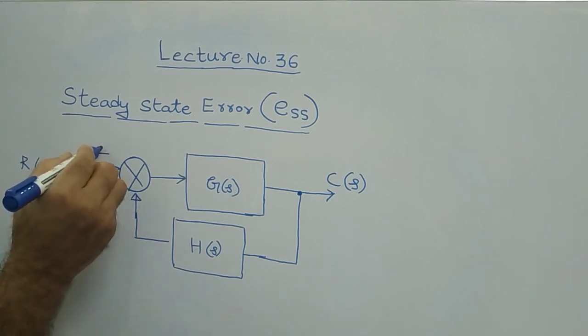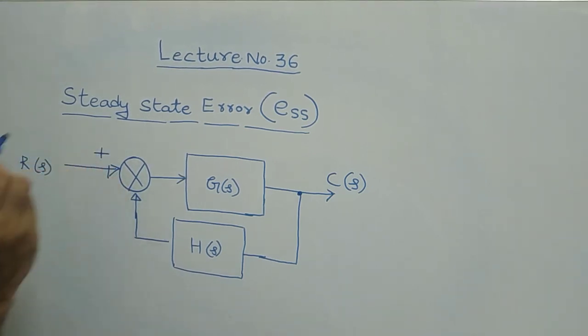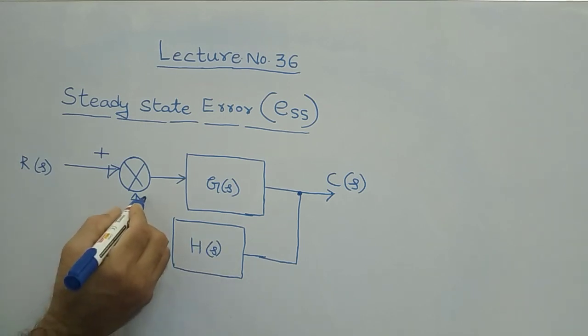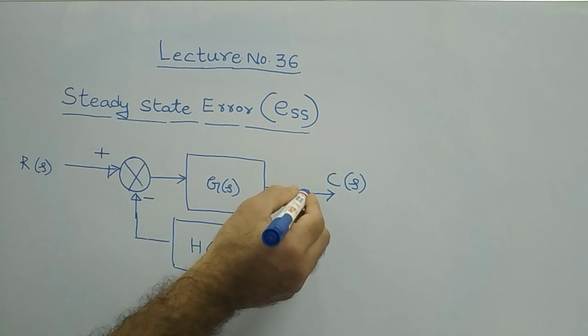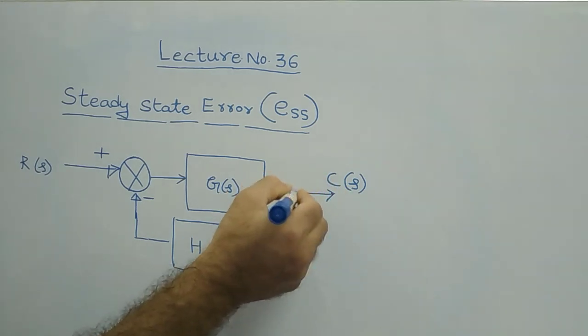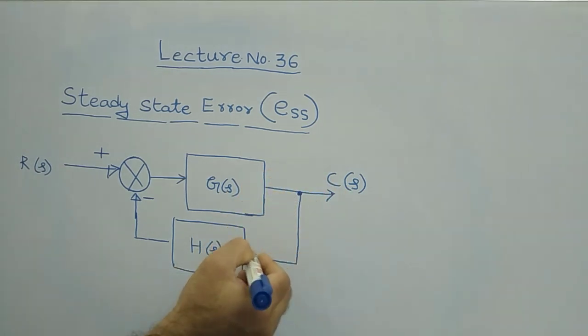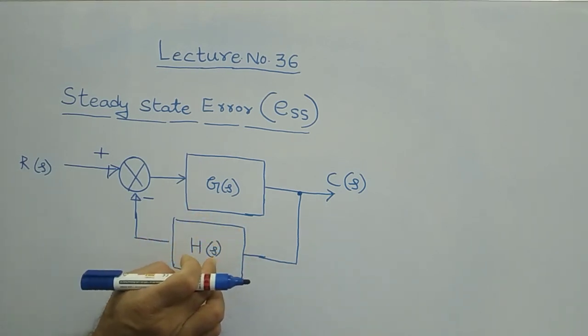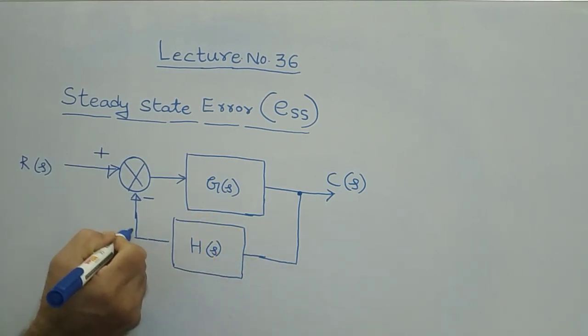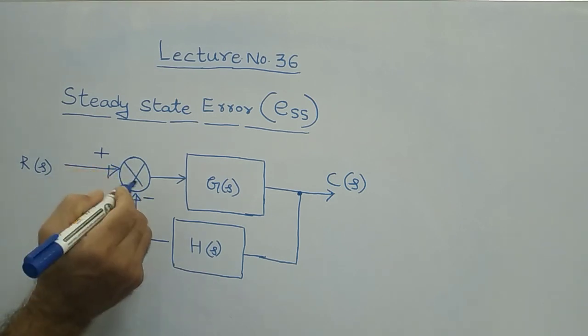The input is always plus, whereas this is, let us say, negative feedback. Part of the output, C of S, we are feeding back through this feedback. The gain of the feedback is H of S, and we are giving this again to the summing point.